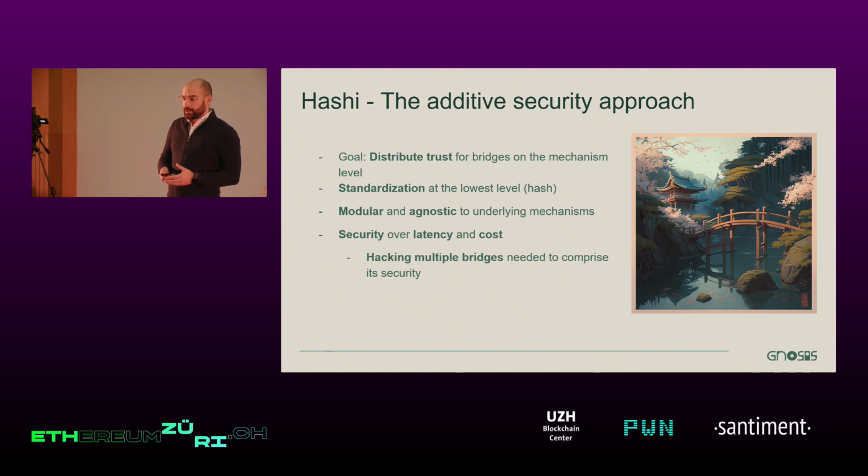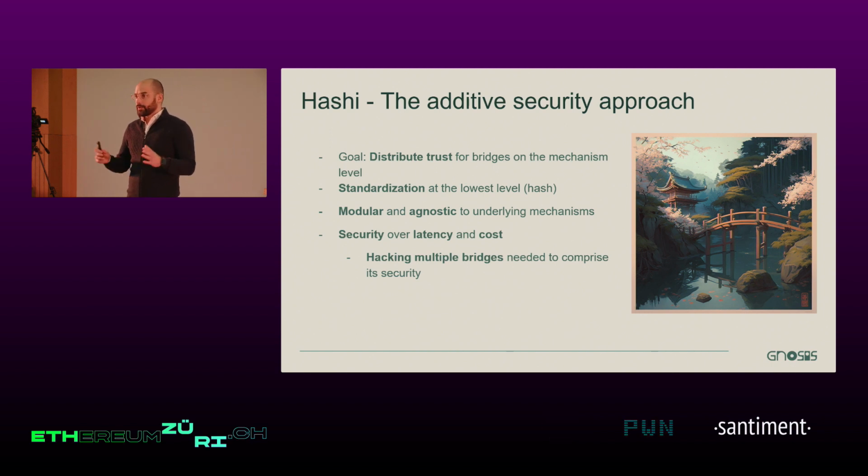So yeah, what is Hashi now, and the additive security approach? The main goal here is to distribute trust for bridges on the mechanism level. Every bridge so far has relied on one specific bridge mechanism, and we want to change that. We don't want to rely on one specific security mechanism. We also want to standardize on the lowest level, which is the block hash.